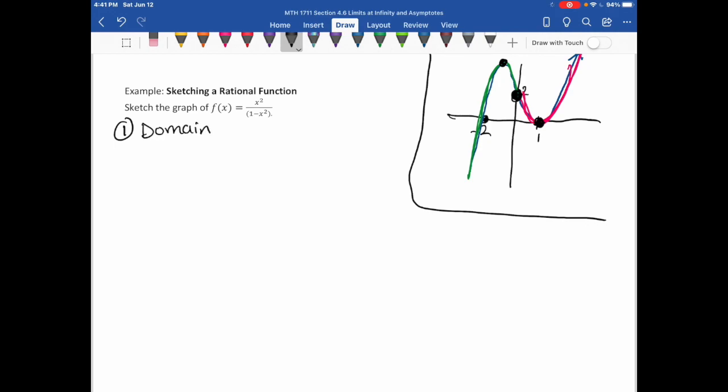So we're going to write the domain as minus infinity up to -1, not including -1, union -1 to 1, then union 1 to infinity. So basically we're going from negative infinity to positive infinity, but we're creating the intervals so that we skip over 1 and -1. Okay, step 2 is we find intercepts.